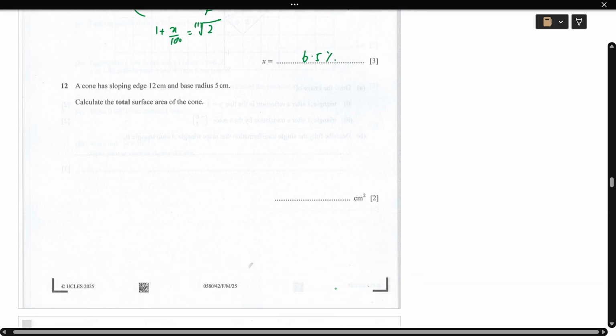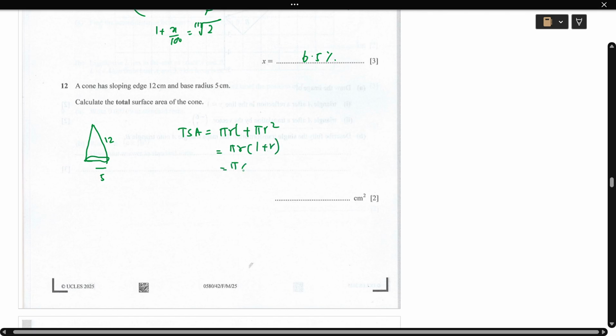Next question, question number 12. A cone has a slant height given and the radius given. Find the total surface area. So this is the cone. The radius is 5 and the slant height L is 12. Total surface area equals pi R L plus pi R squared, which is pi R times (L plus R).